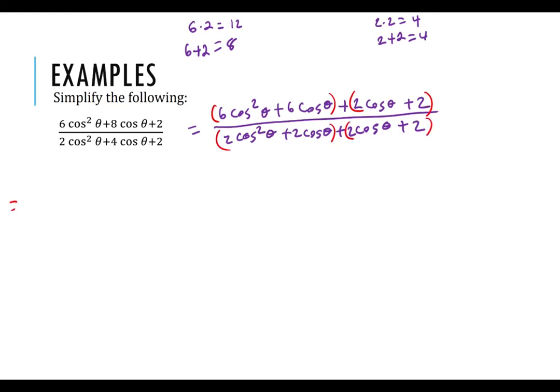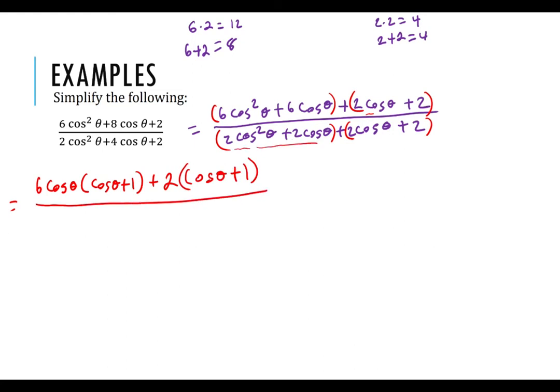Top, on the left I have a greatest common factor of 6 cosine theta times cosine theta plus 1. On the right binomial here, I have a greatest common factor of 2, so that's plus 2 times cosine theta plus 1, all divided by, the left binomial here has a greatest common factor of 2 cosine theta times cosine theta plus 1, and then the right one here has a greatest common factor of 2, so plus 2 times cosine theta plus 1.